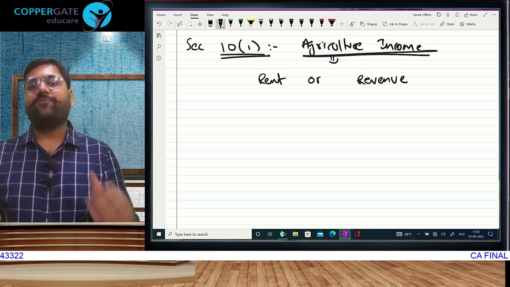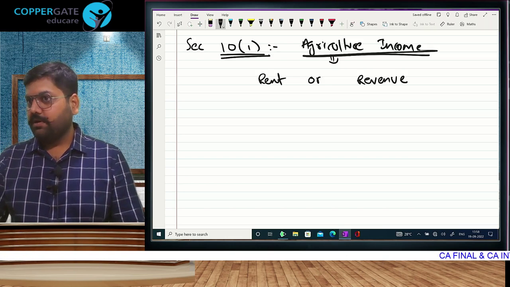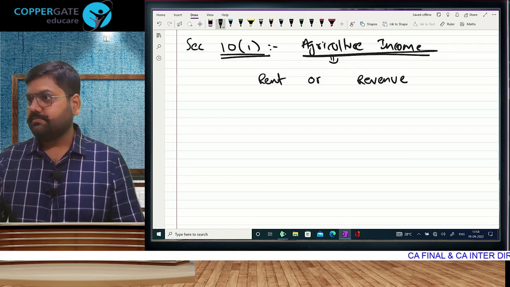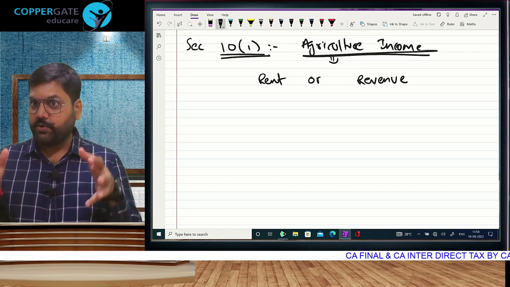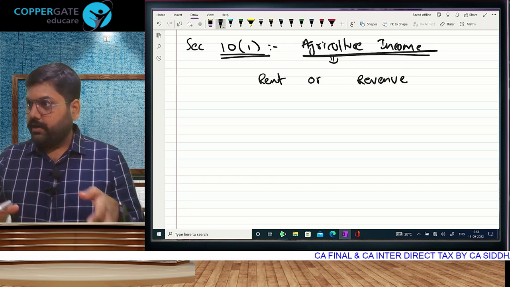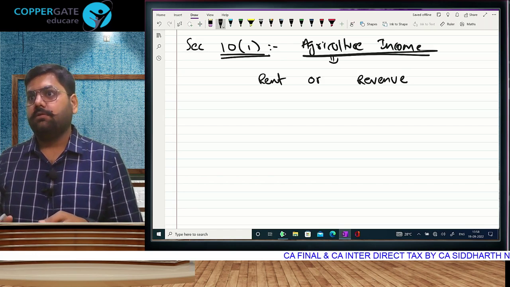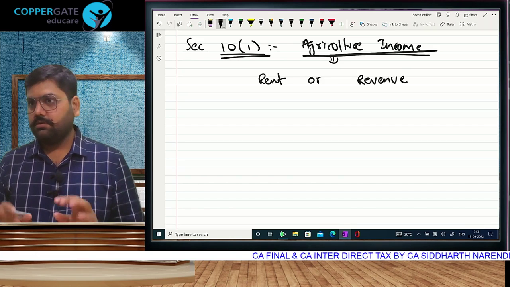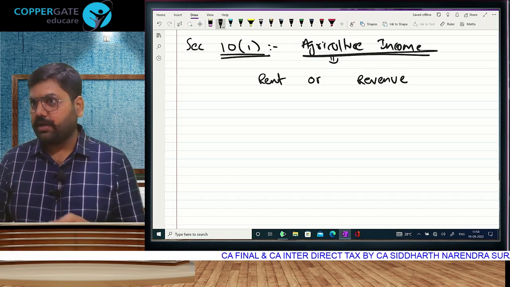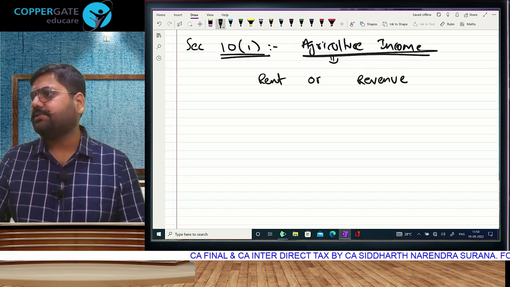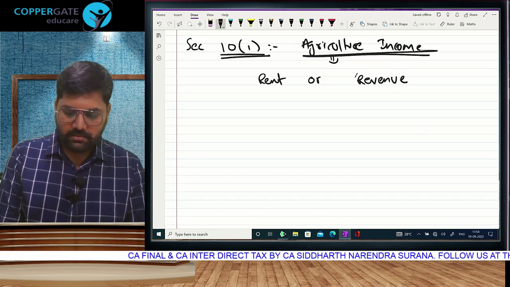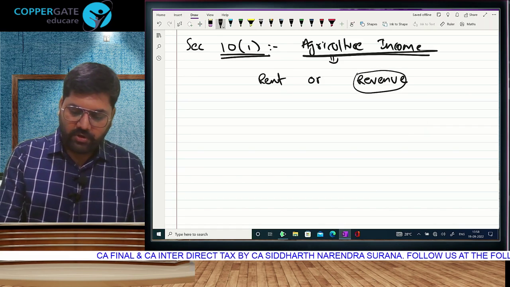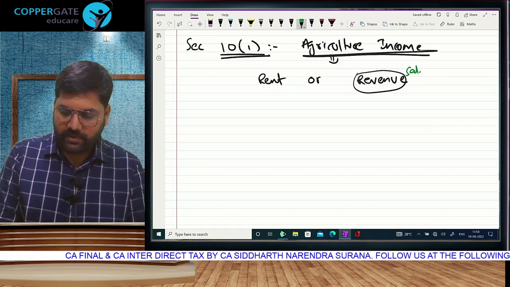If I am doing farming on a particular land, I will be growing products. They may be food grains or non-food grains. Agriculture cannot be confined to food grains. It can be cultivation of cotton. Cash crops are also ours. It can be any kind of cultivation. It is agriculture. When we sell it, what do we earn? So what do we mean by revenue from agriculture?